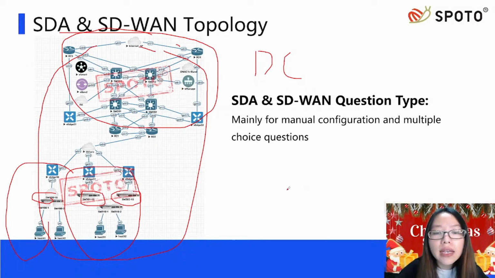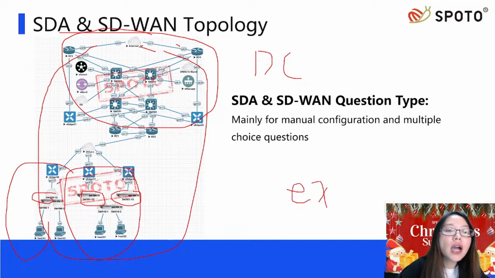They belong to our external border, because it's connected to the ISP, and it has a default route to the ISP.